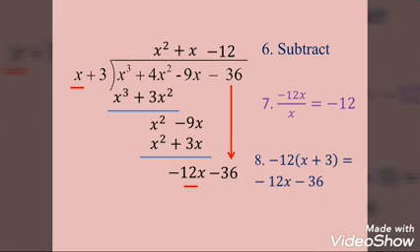Negative 12 times x plus 3 gives you negative 12x minus 36. And we write those two terms under the existing negative 12x minus 36. And when we subtract those two, we get 0. And hence we have completed our long division.